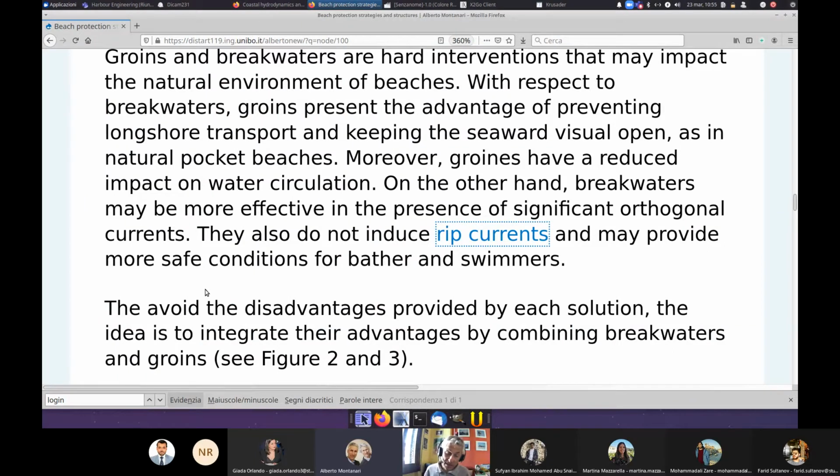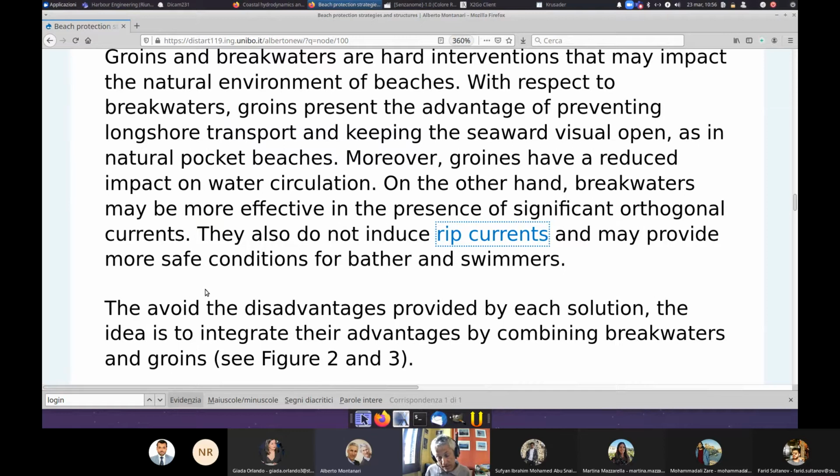On the other hand, if we don't have a pristine environment in most of the beaches in Italy, for instance, it is extremely important when you have a human impact on the environment to make sure that the human impact is sustainable and environmentally friendly.